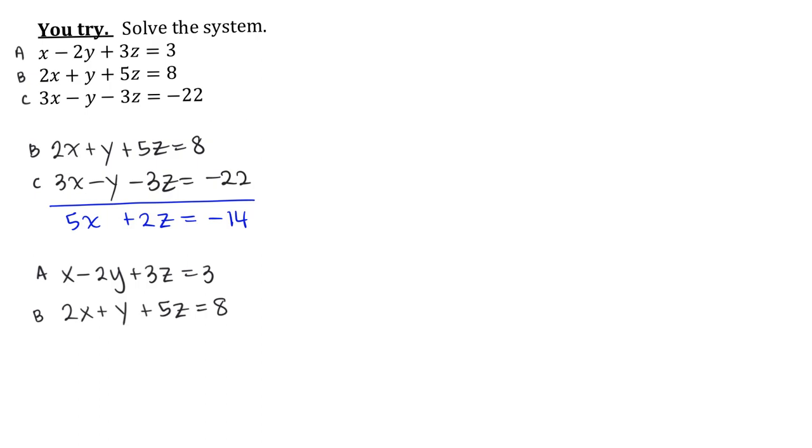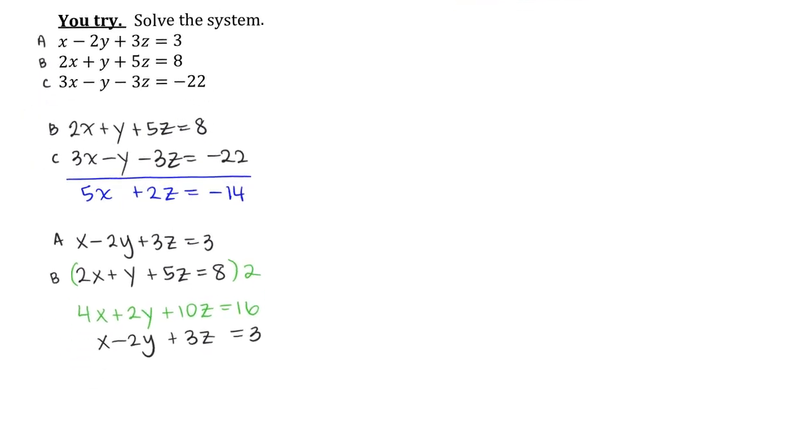So what am I canceling? I'm canceling the y's out. Since this is -2y, I want this to be +2y. So let me times that by 2. Okay, if I times by 2, what do I get? 4x, 2y, 16, and then let me bring down equation A. Okay, now if I did this right, the y should cancel.